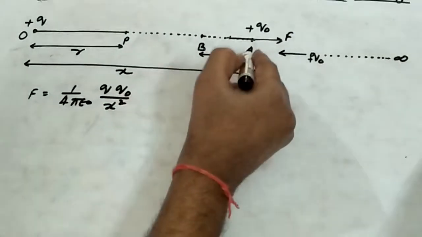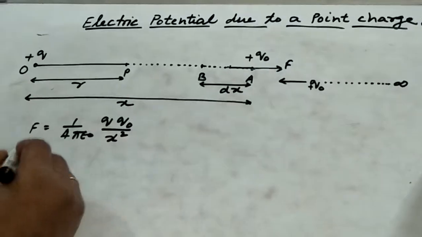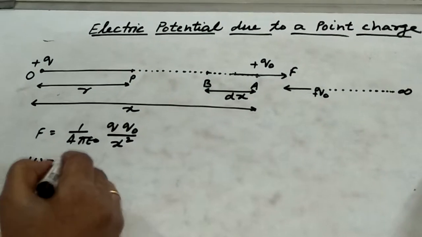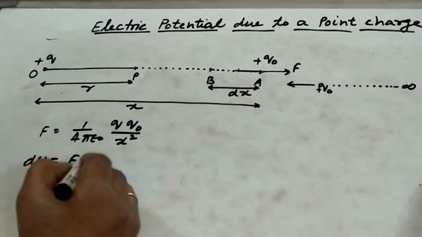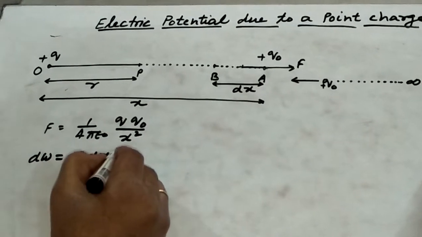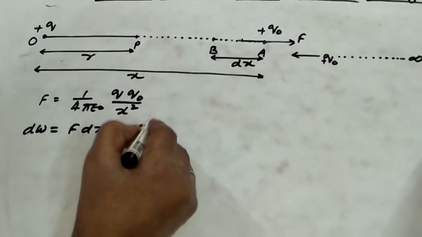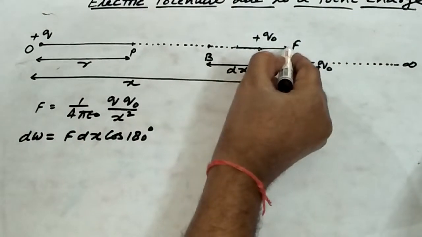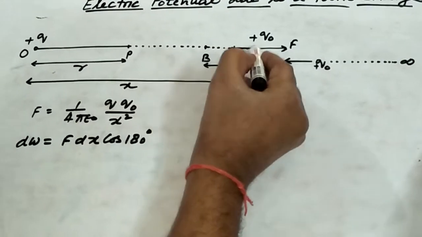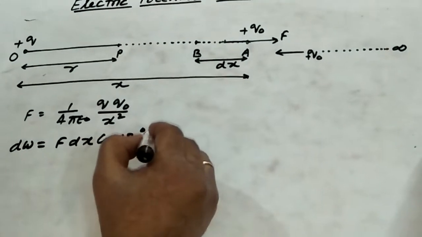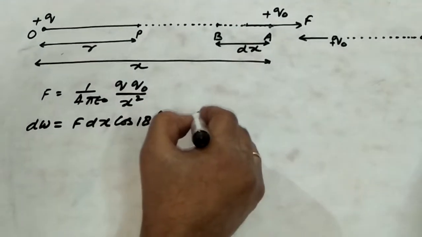So here the displacement dx is small, and dW is equal to F dx cos θ. θ is 180 degrees. Why? Because force is towards right and displacement is towards left, so the angle between them is 180 degrees, and this becomes −F dx.